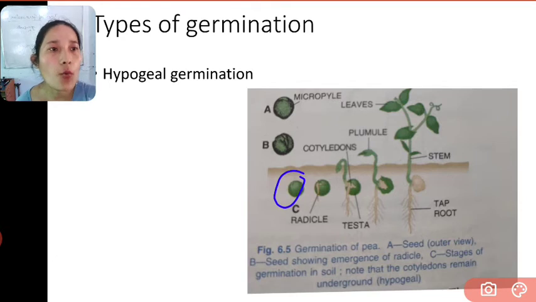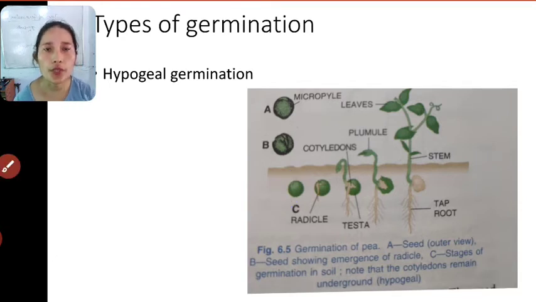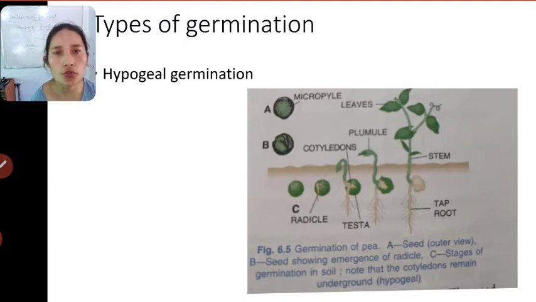It receives water through the micropyle. The seed has a seed coat, the outermost one is known as testa. So your radicle breaks through the testa and then emerges outward and forms a root system, right? Similarly, your plumule comes out and elongates itself.